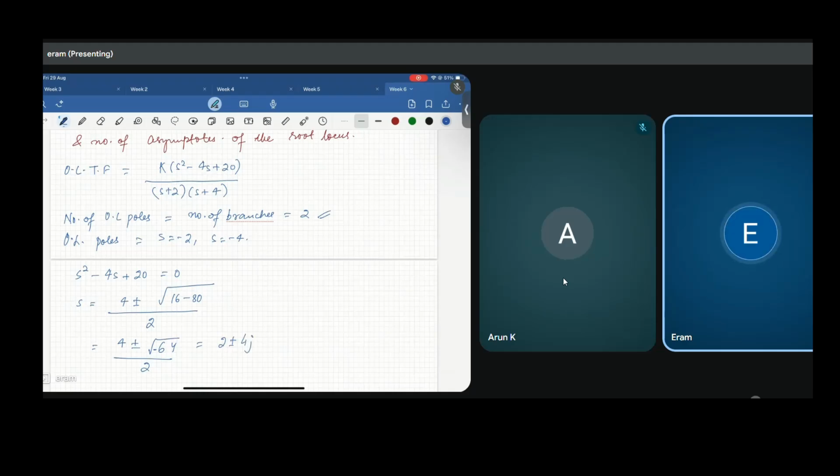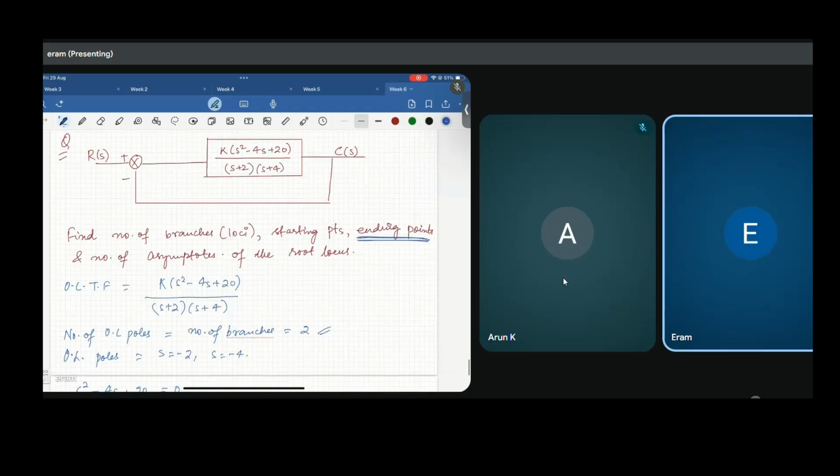The zeros are complex and occur in conjugate at 2 plus 4j and 2 minus 4j. So our root locus will terminate at these points.